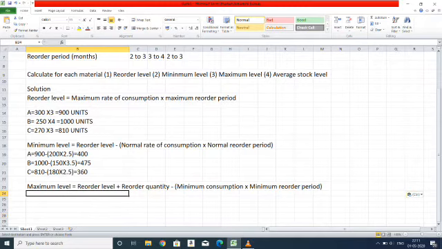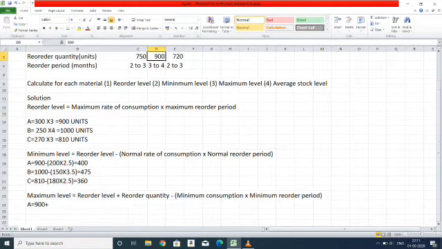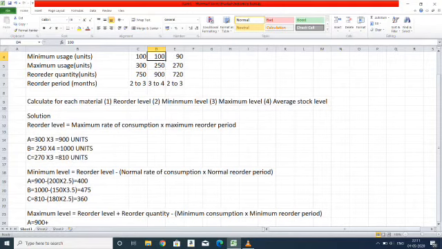In case of A, that is equal to the reorder level, which we already calculated, 900 units, plus the reorder quantity, which is given in the question: 750, B 900 and C 720.